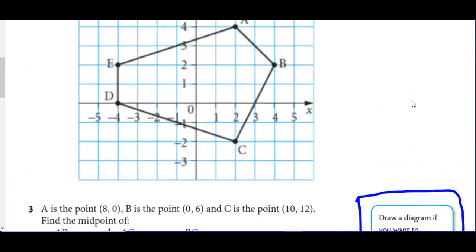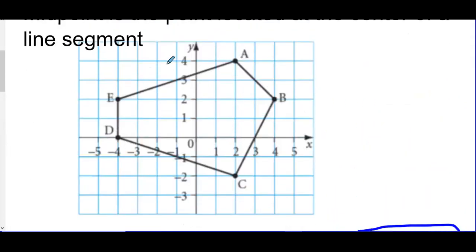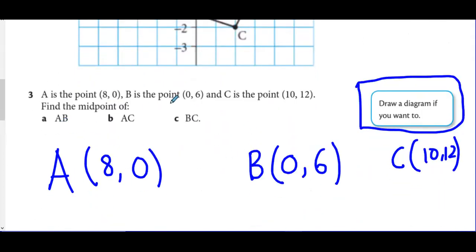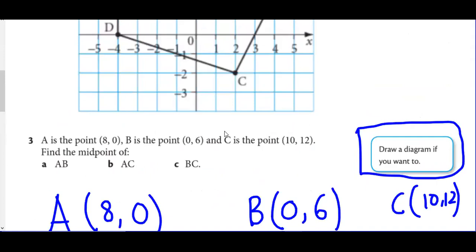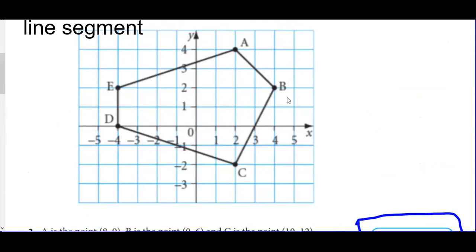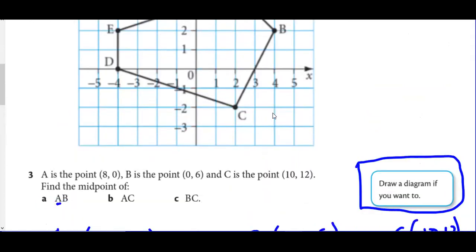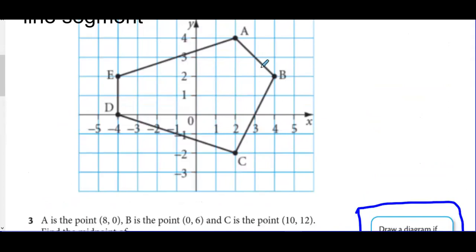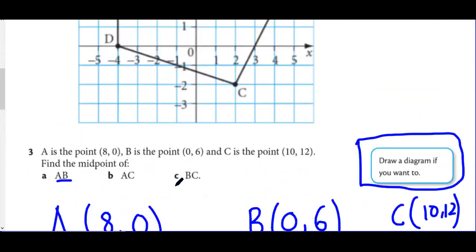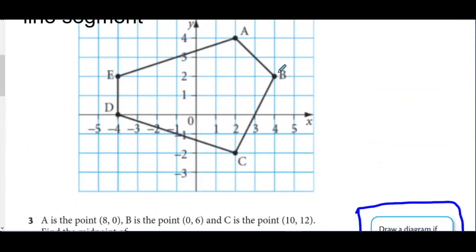They are talking about the diagram which you have to draw on a graph paper to show where is point A, where is point B, and where is point C. And then you go ahead drawing the lines joining A to B, A to C, and B to C. You'll be getting lines like this.